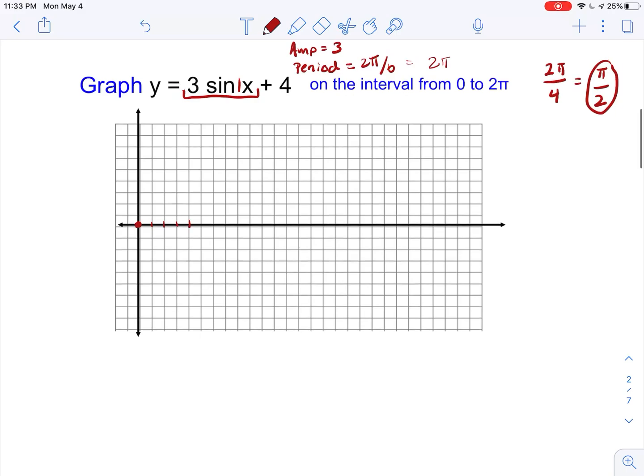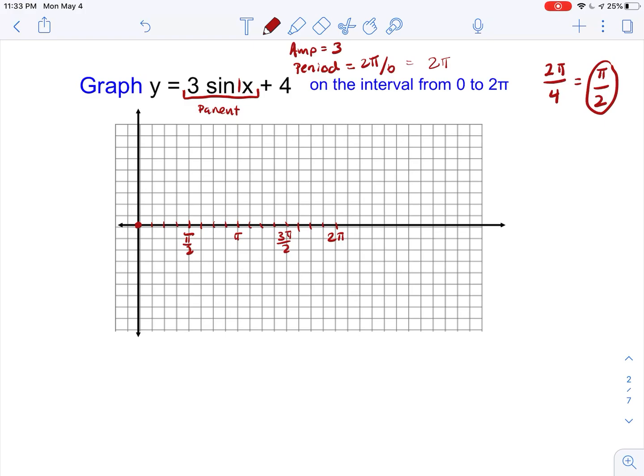So 3 sine x, remember, sine starts at 0, 0, and we're going to label our axis with our divided by 4 value. So that's pi over 2, that is pi, that's 3 pi over 2, and that is 2 pi. Now, luckily, since our period is 2 pi, we should only see one cycle here.